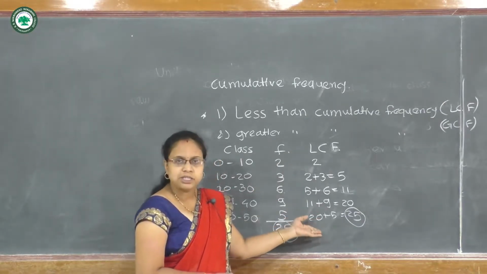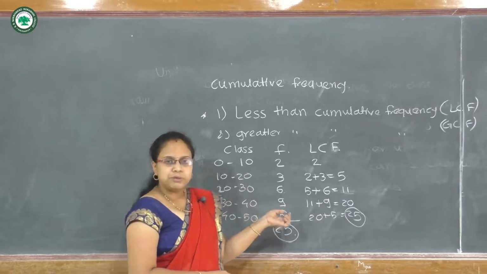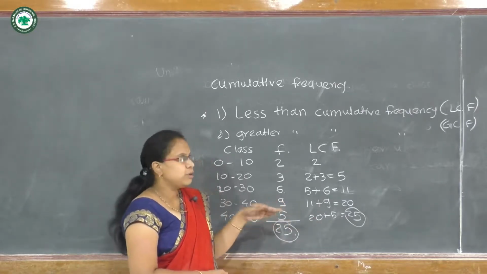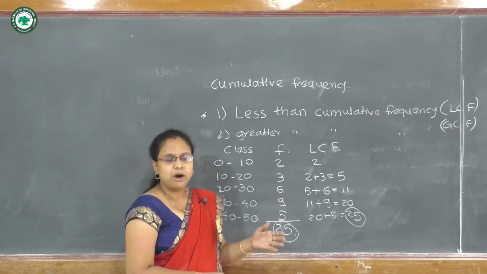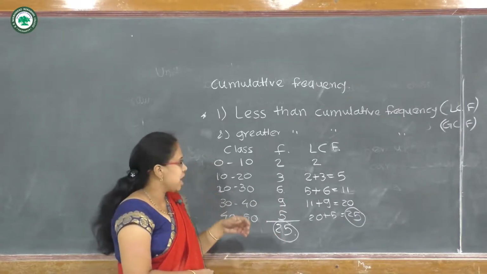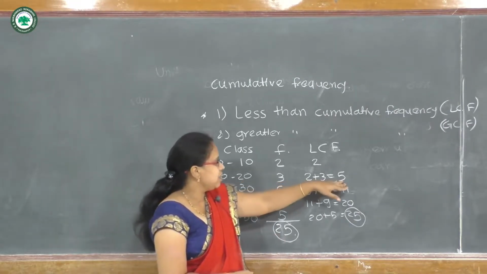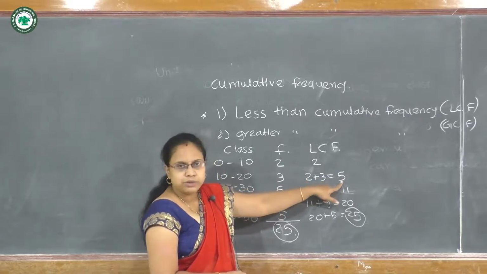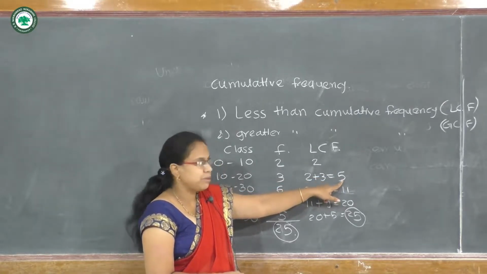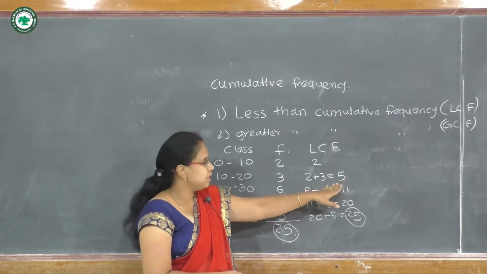If we are asked how many students are below 20, so below 20 how many students have got marks, we can see here 5 students who are having marks below 20.